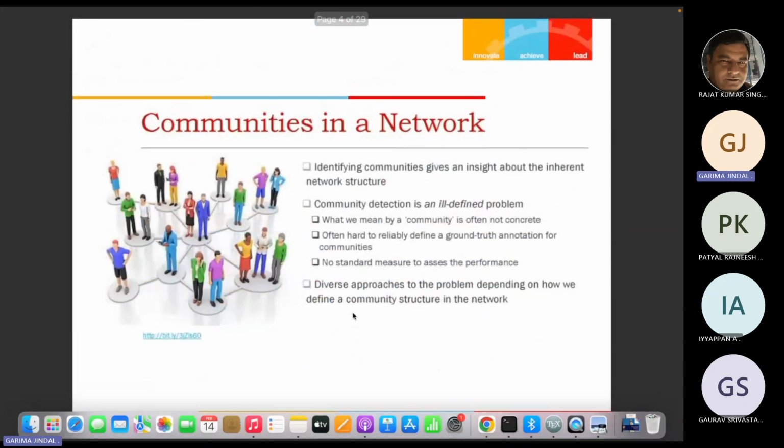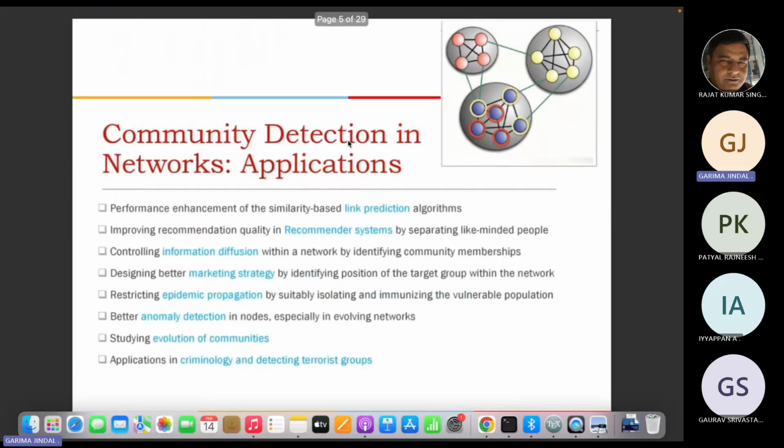Then in this lecture, we went through the definition of community. A community is a subset of nodes that are more connected within than with the rest of the network. We have seen that community detection has huge applications.